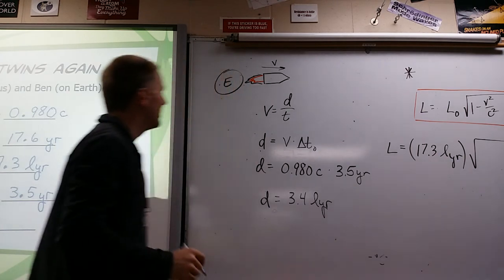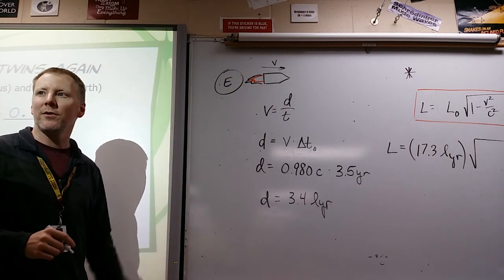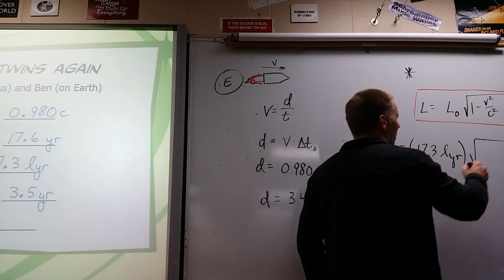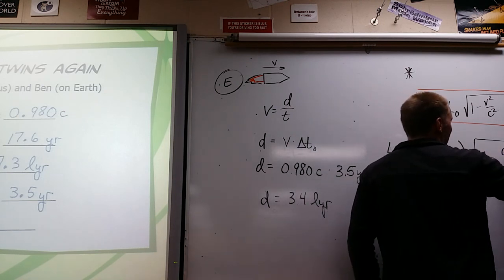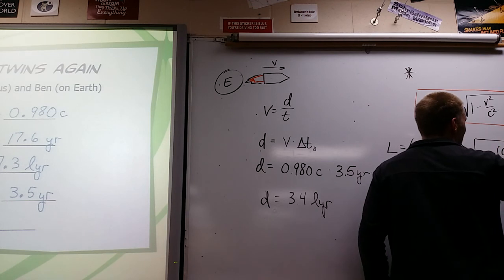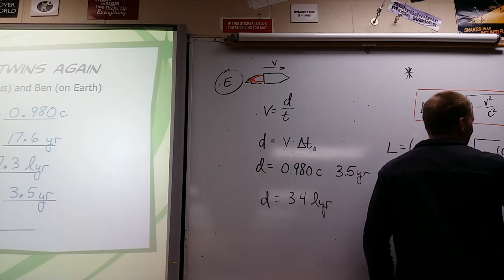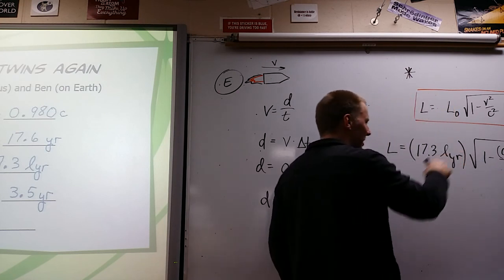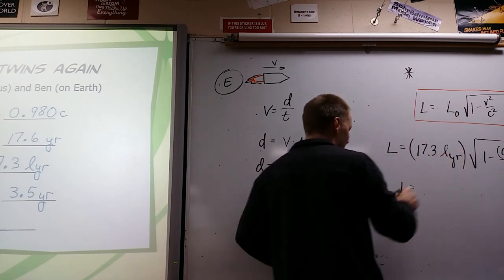And this is Chad's measurement now. We're trying it two different ways. Here's first: 1 minus 0.98 c, squared, divided by c squared. And of course that cancels out the c's. But we do still have to square that 0.98.